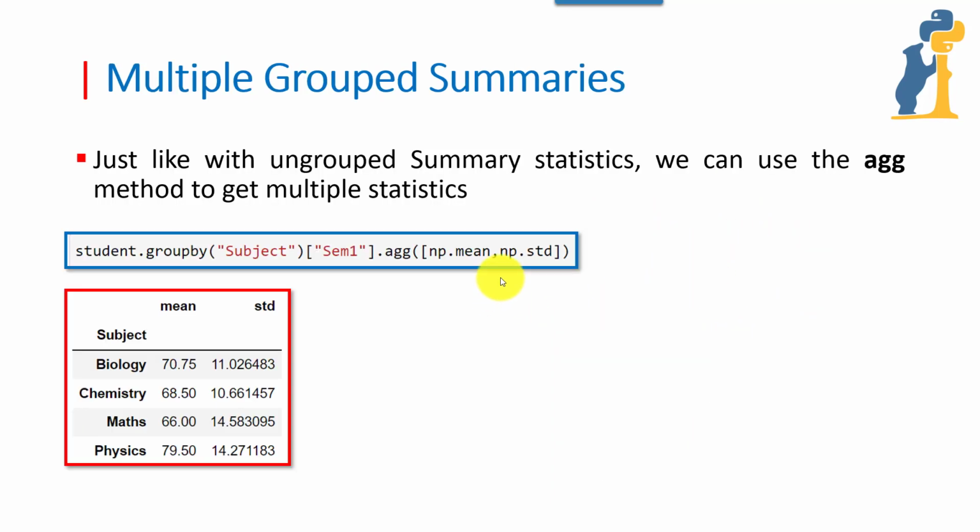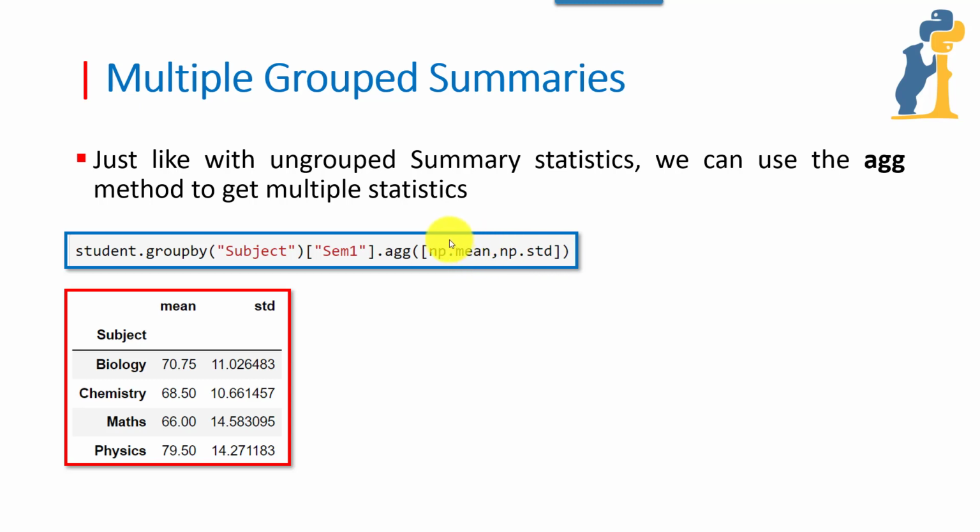If you want to get multiple grouped summaries, this is just like using n-grouped summary statistics. Recall the aggregate method. Then you will group students by subject and zoom in on column semester 1 if you are interested in this column, and call aggregate, and then write down here what summary statistics you need.